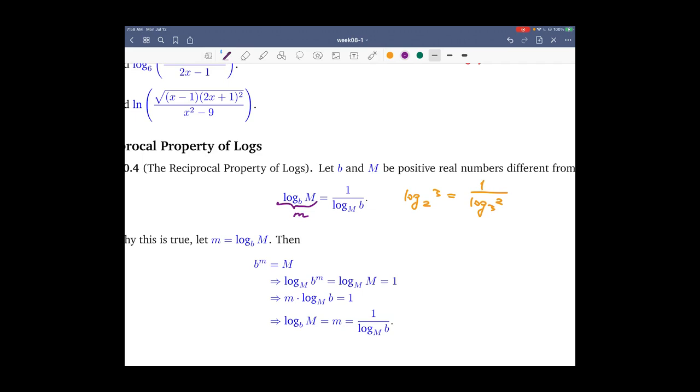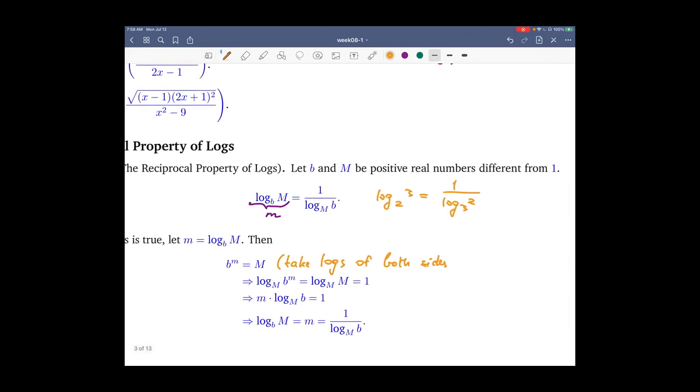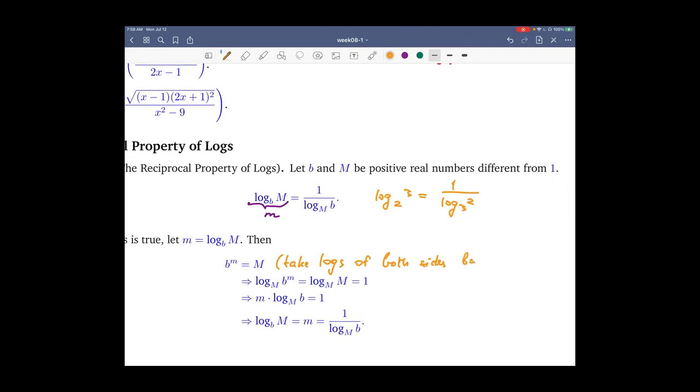So that means that b to the power little m is capital M. And now we take logs of both sides, base capital M. So on the left we have log base capital M of b to the power m, and on the right we have log base capital M of capital M. Log base capital M of capital M is of course 1.